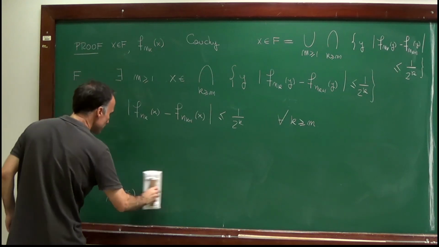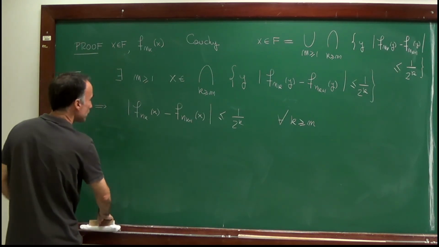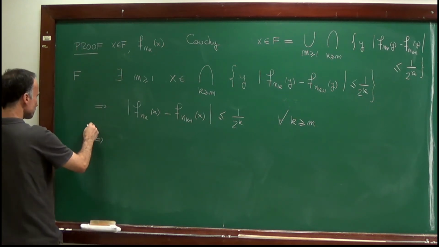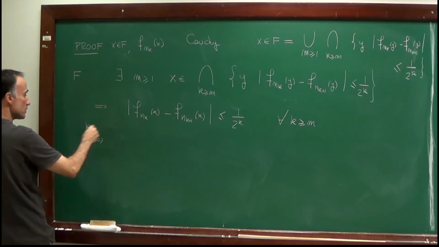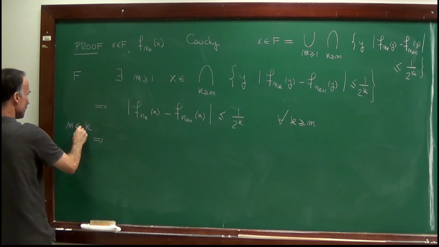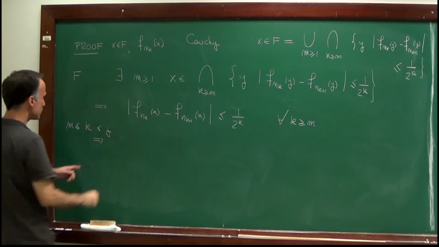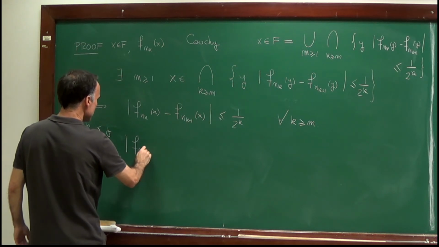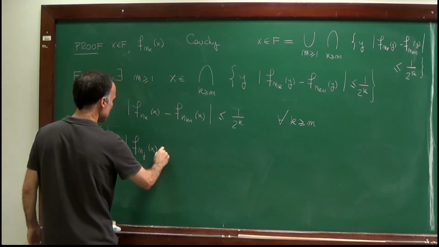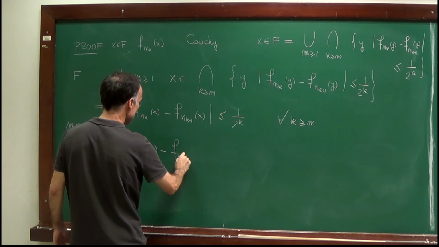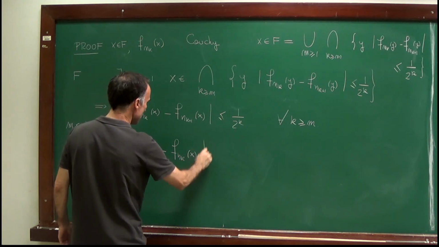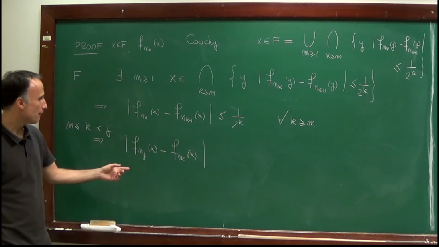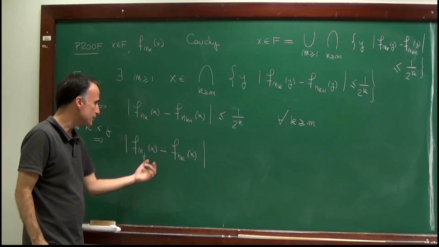And now by using the triangle inequality, we can obtain that if you take a k which is larger than m, and if you take a j which is larger than k, then by writing this difference f_{n_j}(x) minus f_{n_k}(x), I can rewrite this by introducing all intermediate terms.